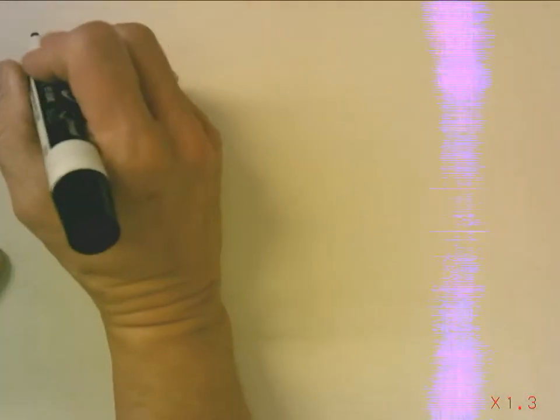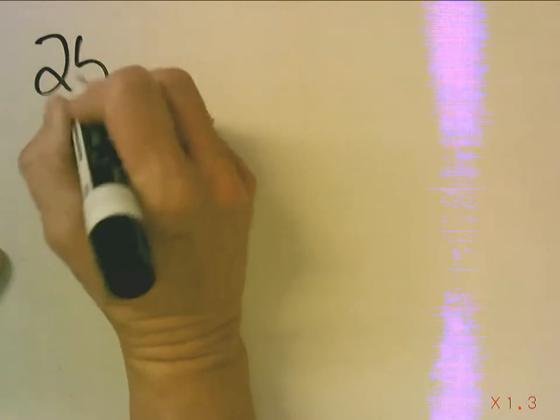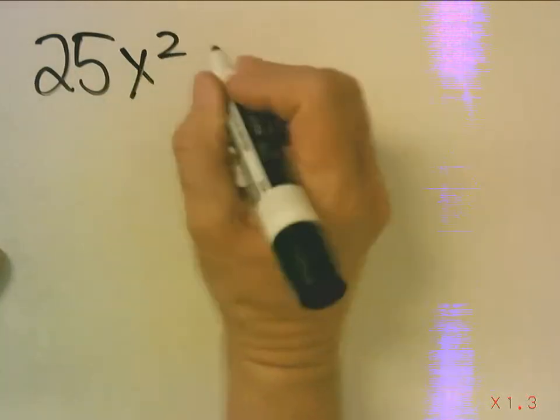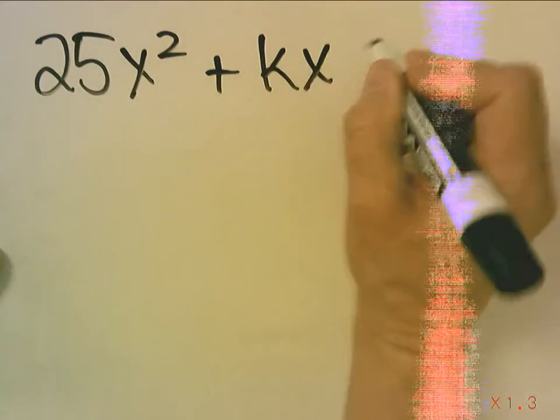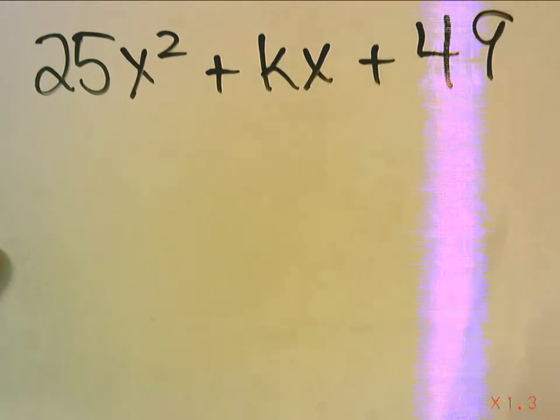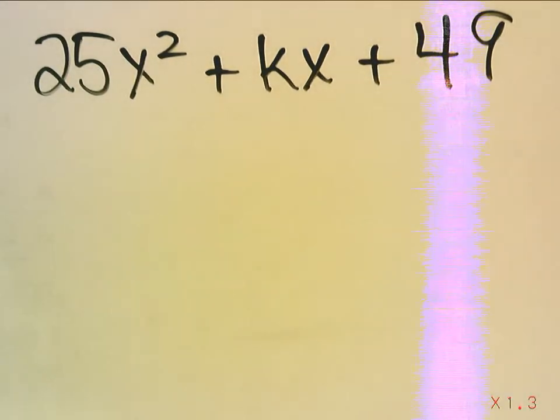And I want you to look at the very bottom of the page where it says, determine what values of k make 25x squared plus kx plus 49 a perfect square trinomial.